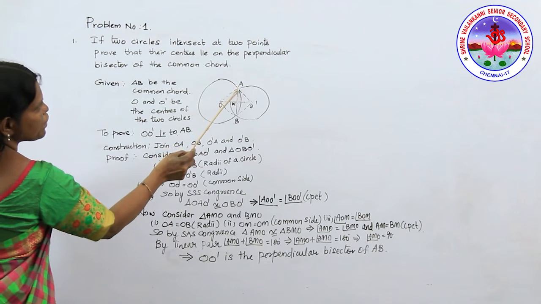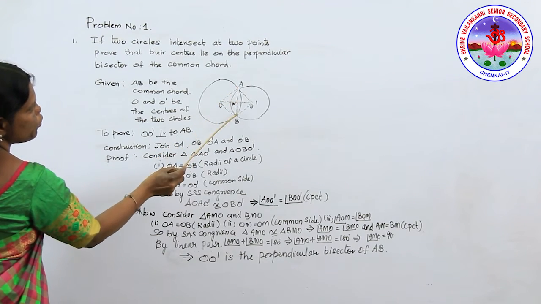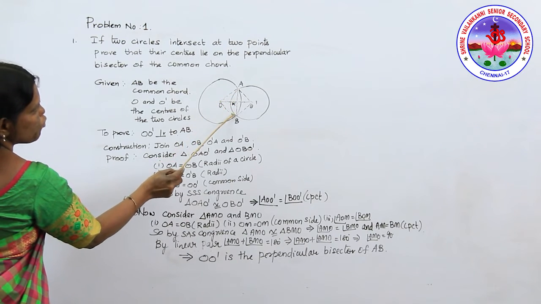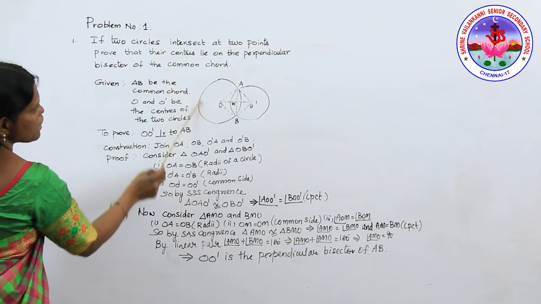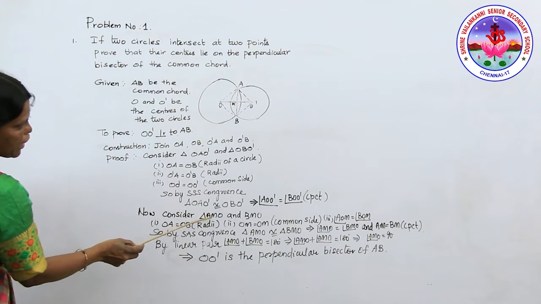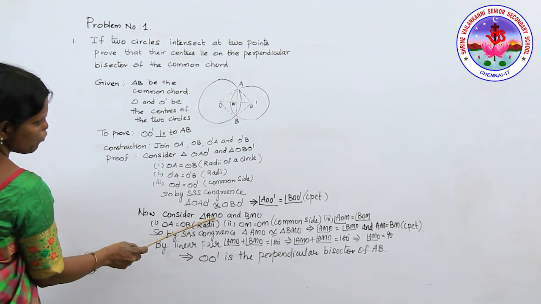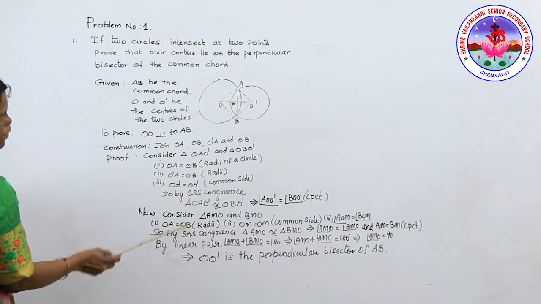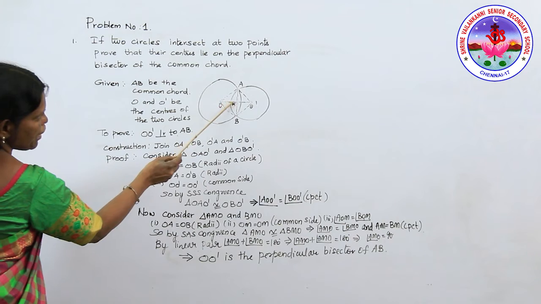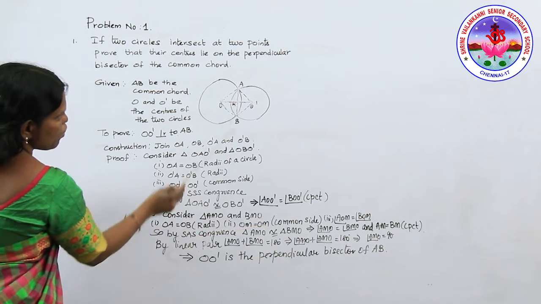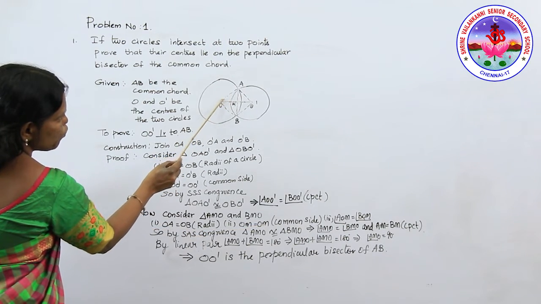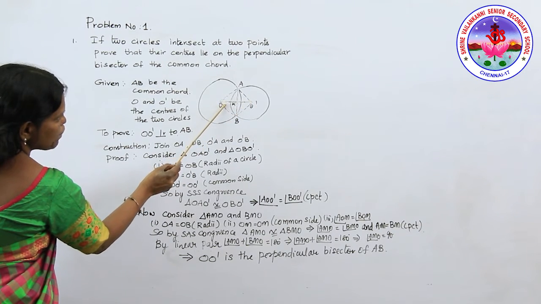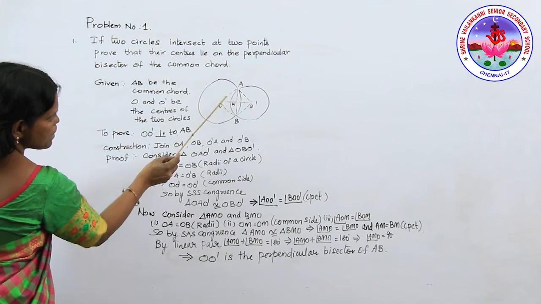Now I am going to consider the triangles AMO and BMO, where I know that OA and OB are equal since they form the radius of the circle. So I consider the triangles AMO and BMO, where I stated OA is equal to OB. Then OM is a common side. Also we know that angle AOO dash and angle BOO dash are equal by the above CPCT.